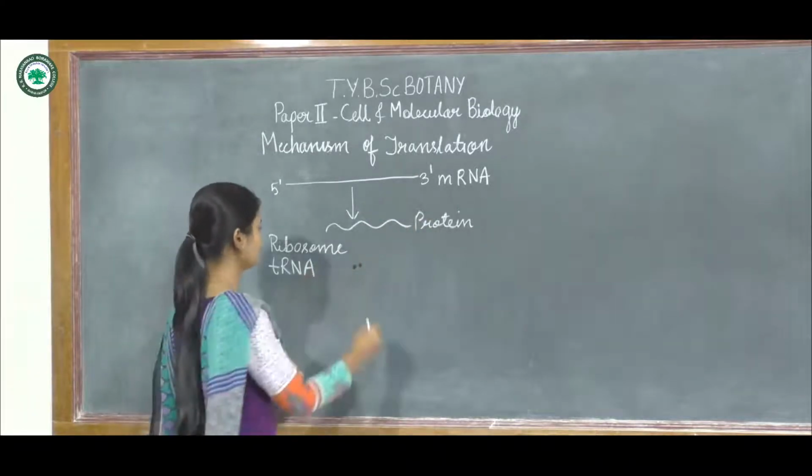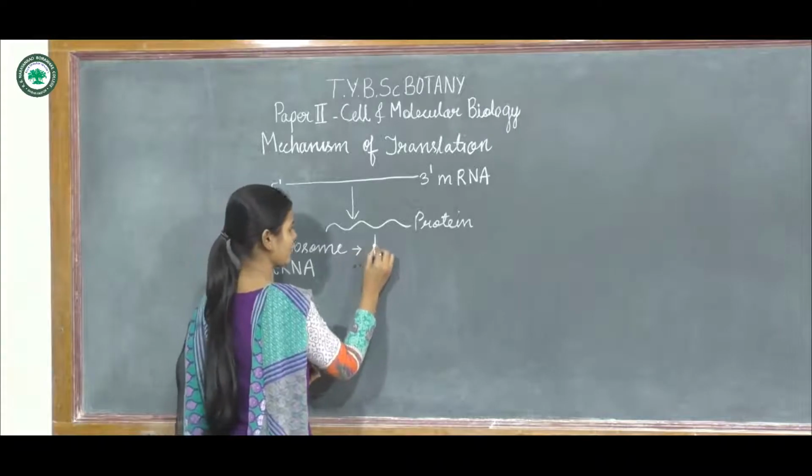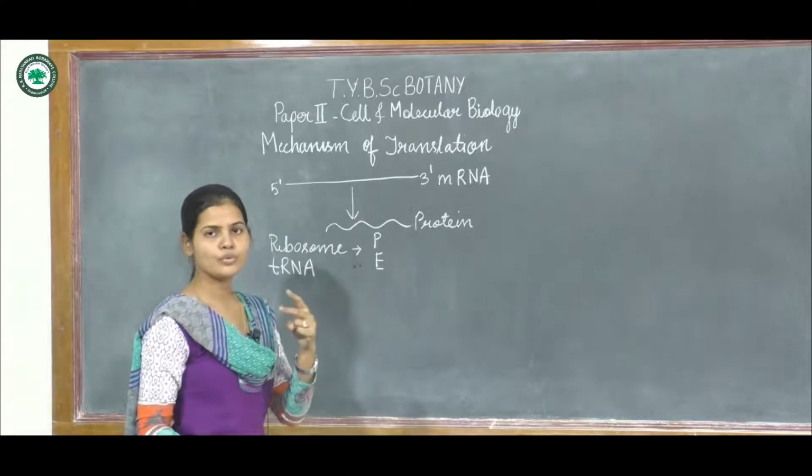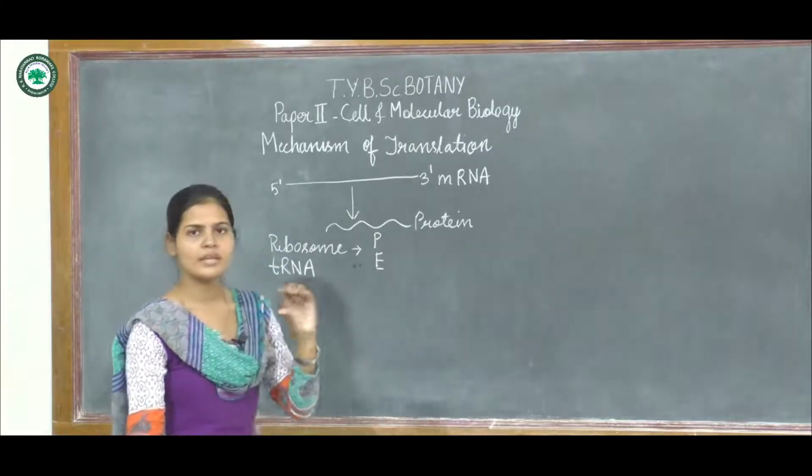Now this ribosome, in case of prokaryote and eukaryote, is made up of two different subunits, a smaller one and a larger one.